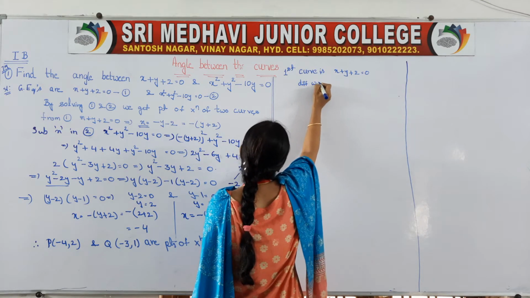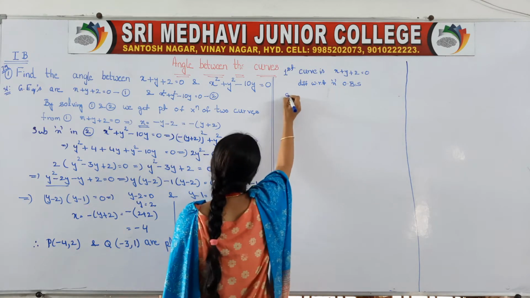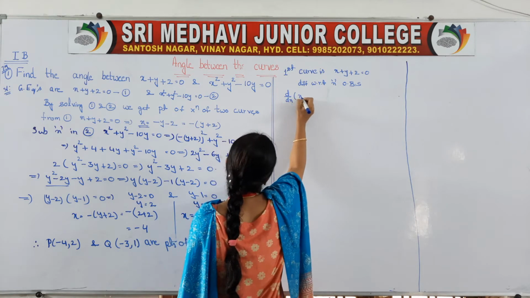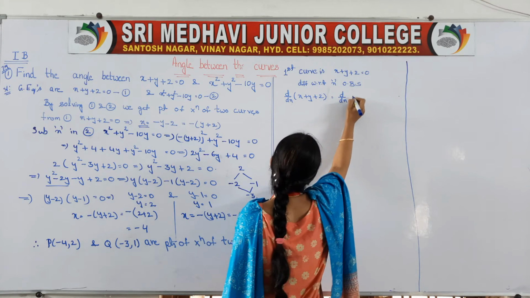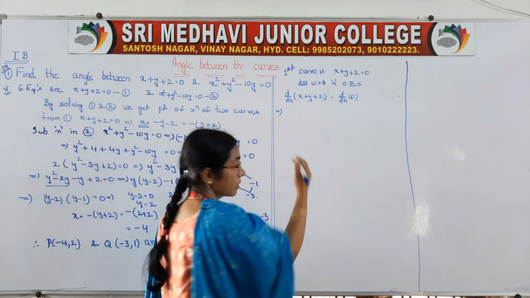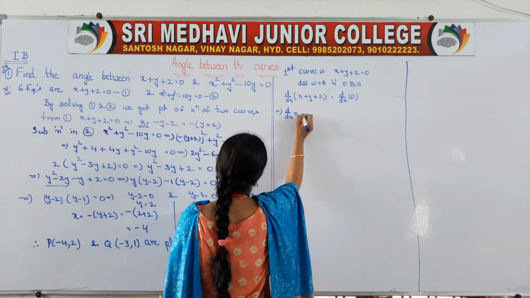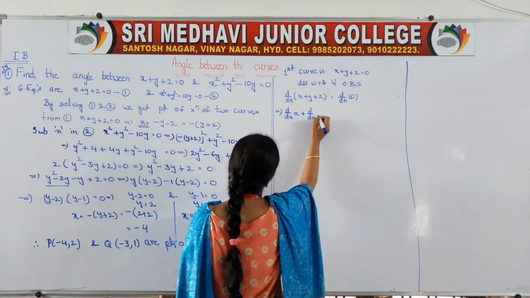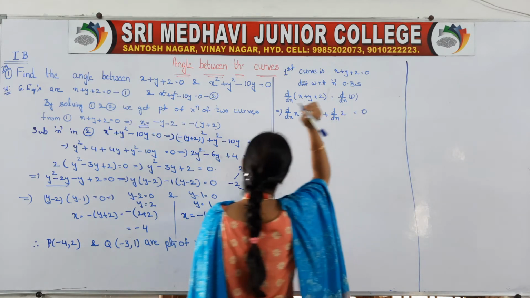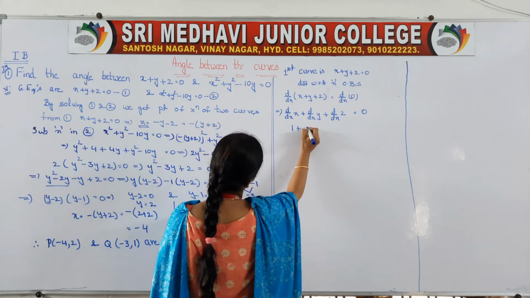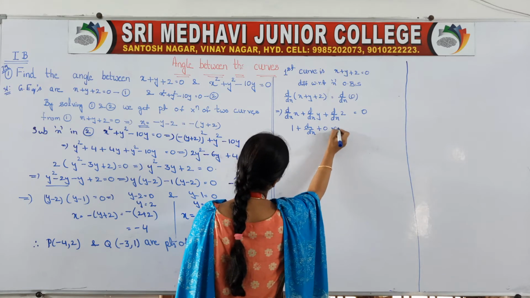Differentiating with respect to x on both sides we have to do. So it is d by dx of x plus y plus 2 is equal to d by dx of 0. So whenever plus signs are there, we have to take separate derivatives. So d by dx of x plus d by dx of y plus d by dx of 2 is equal to 0. d by dx of x is 1 plus dy by dx plus d by dx of a constant is 0.